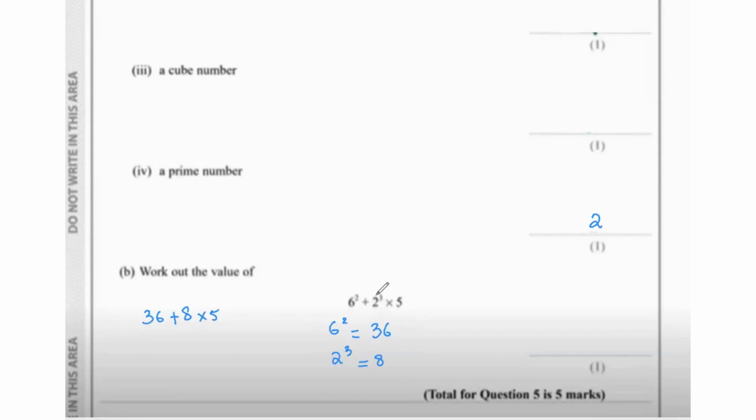So over here, we solve the indices first, which is 6 square, 36, 2 cube, 8. Next, we have multiplication. So we're going to do 8 times 5, which is 40. And then addition, 36 plus 40, which is basically going to be 76. That's your answer.